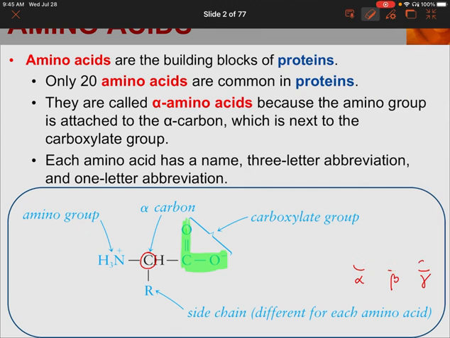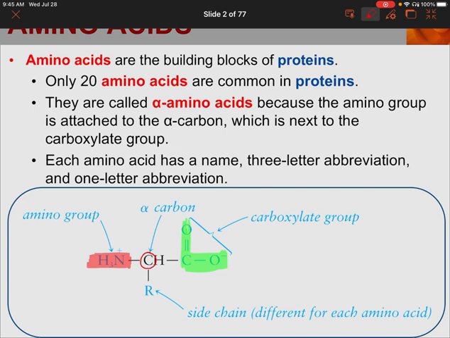Next to that we have the amino group, and this is where amino acids get their name. We also call amino acids alpha amino acids because the amino group is attached to that alpha carbon.